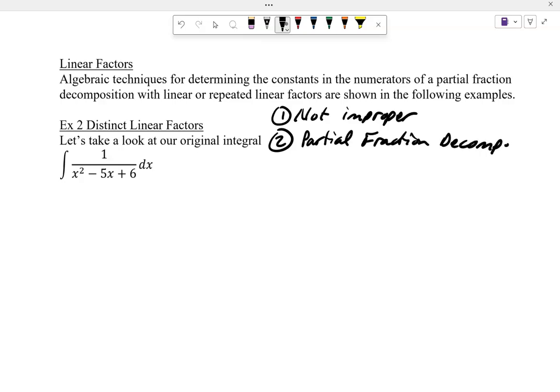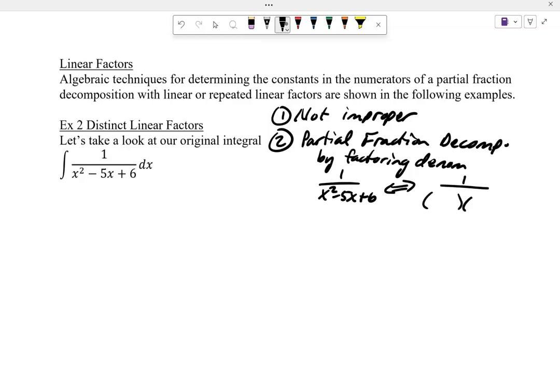It's called partial fraction decomposition by, number 1, we want to factor the denominator. So right now we have this x squared minus 5x plus 6, right? That's the same as, if we factor that, we're like, oh, that would be x minus 2 and x minus 3, right?